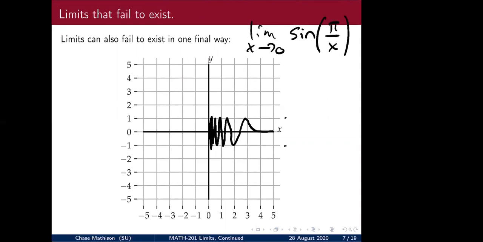So the idea is, no matter how close to 0 I am, I can find an x value where sine of pi over x is positive 1. And you can also find an x value where sine of pi over x is negative 1, no matter how close to 0 you are.